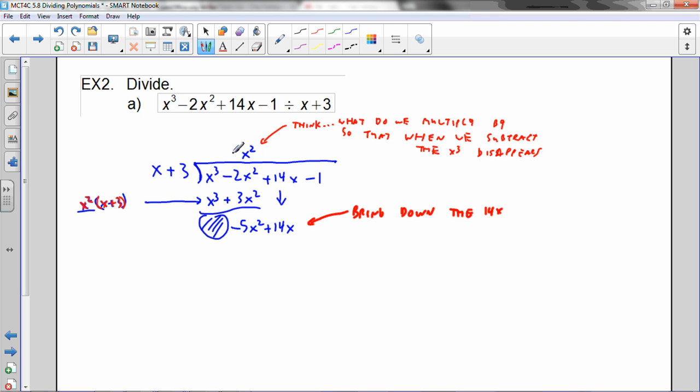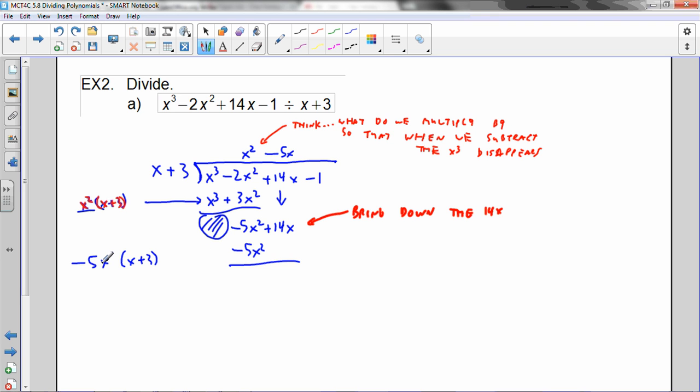What am I going to choose to multiply by so that when I multiply this, I end up with no -5x? So this has to be -5x squared so that when I subtract, it's gone. So thinking backwards, what does this have to be? Well, it's going to be -5x, isn't it? Because -5x times x plus 3 will give me the -5x squared there. So when I subtract, that term will be gone.